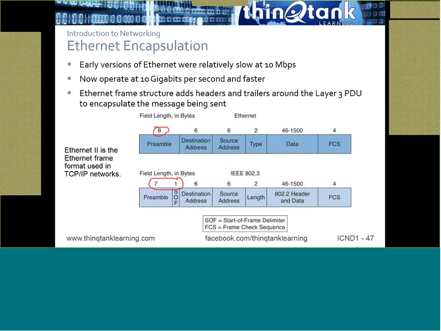You'll also notice that the next section of the Ethernet frame is the destination MAC address, and that's common to both. 6 bytes or 48 bits. Destination MAC address. Now, there's a reason why that field is first, because switches use that field to make a forwarding decision.